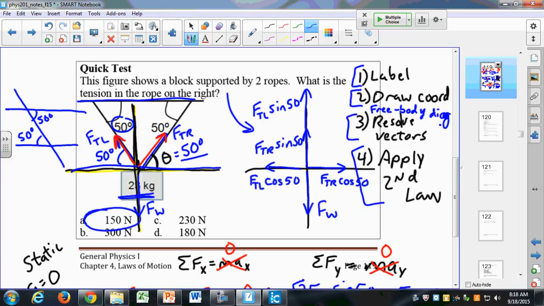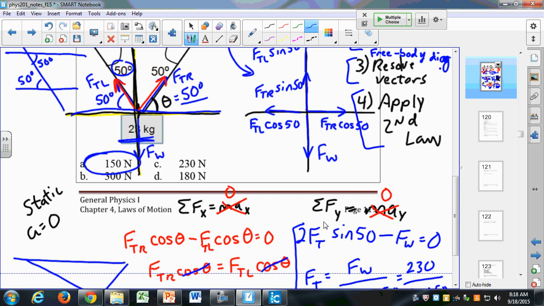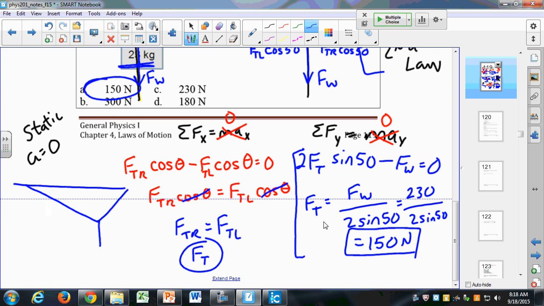And then from that, it's just algebra. Given, I got 2 or 3 equations, how can I solve this set of equations? That in itself is a useful skill that you'll use a lot in your coursework from here on out. But applying second law, using that sum of the forces is equal to the mass times the acceleration, and then solving them. In this case, it was made a lot easier because, first of all, we had 0 acceleration in both cases, so it was a static problem, and so that acceleration term just went away.